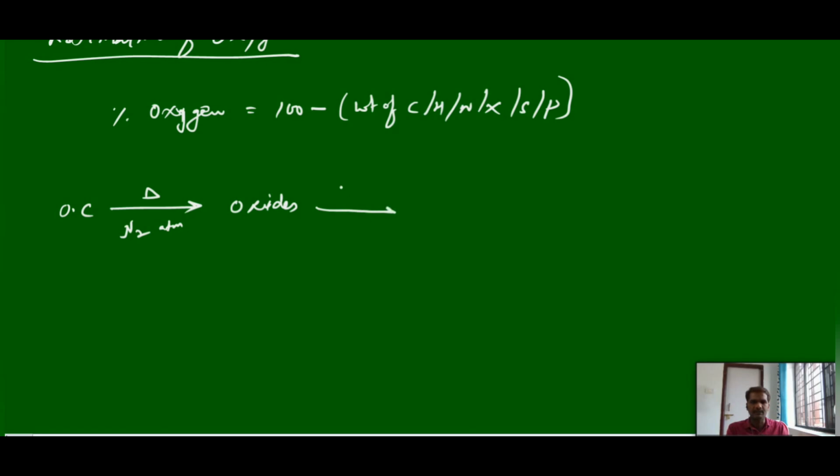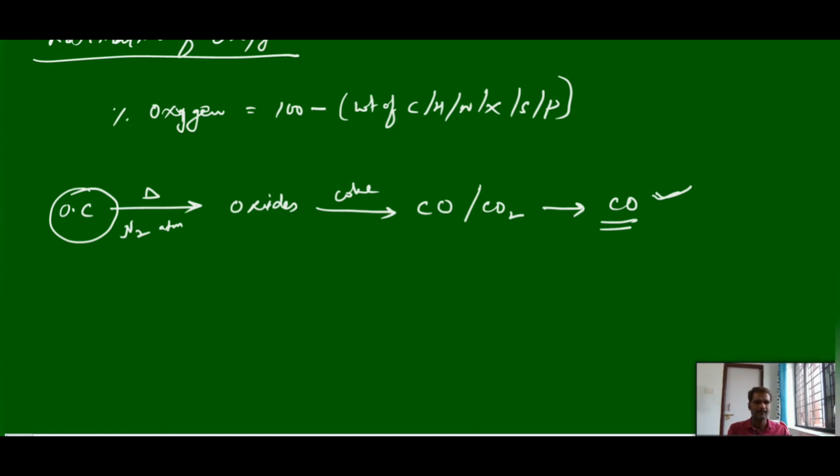And these oxides, if you pass over red hot coke, then you will get a carbon monoxide and carbon dioxide mixture. Finally, this carbon dioxide and carbon monoxide we convert into carbon monoxide. So overall, whatever oxygen is present in the organic compound, we have to convert that into carbon monoxide by using suitable chemical reactions, by heating in a nitrogen atmosphere, by heating with red hot coke.